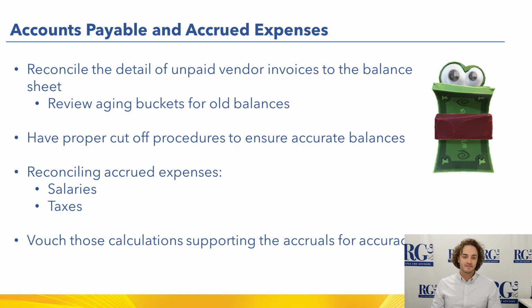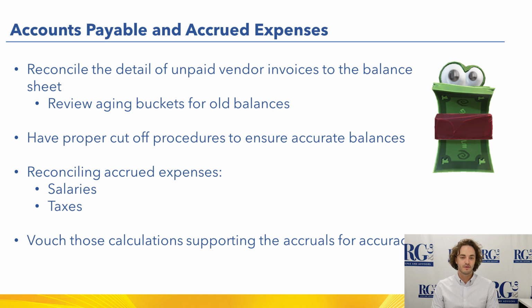So that wraps up our assets, and now I'm going to move on to our liability section. I'll start off with, usually the first couple lines, accounts payable and accrued expenses. For accounts payable, you want to review unpaid invoices and ensure vendors are being paid timely.